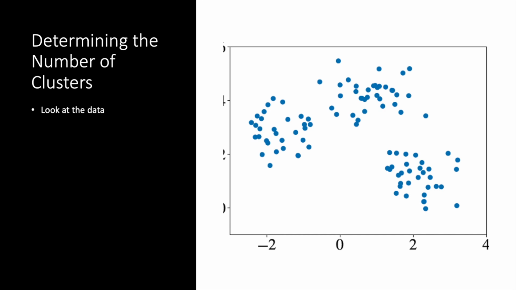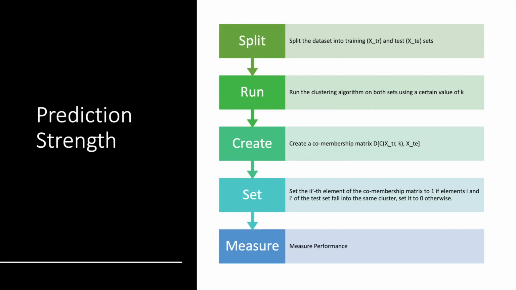One approach that we could use to determine a reasonable number of clusters is based on the concept called prediction strength. The idea here is to first split the dataset into training and test sets. Then run the clustering on both sets using a certain value k, which is the number of clusters. After that, we create a co-membership matrix of size n test by n test, where n test is the number of observations in the test set.